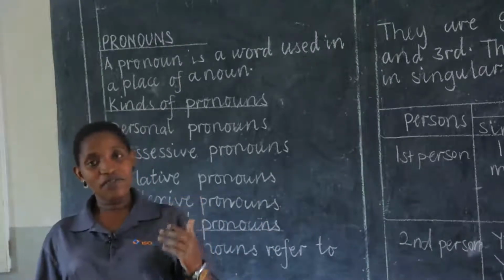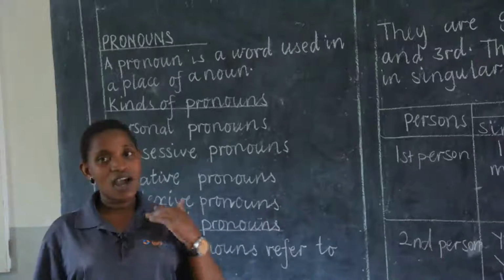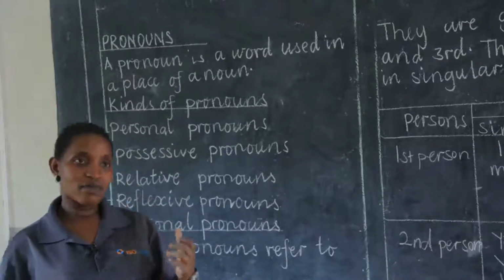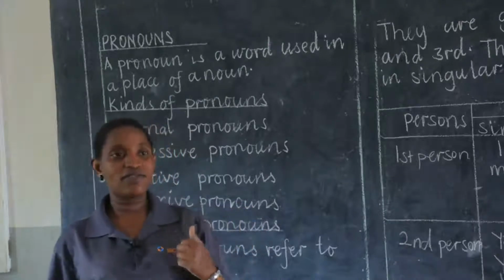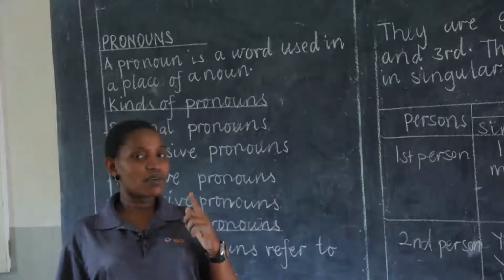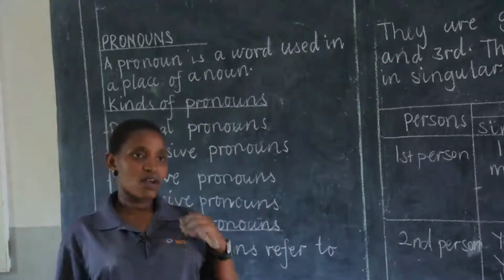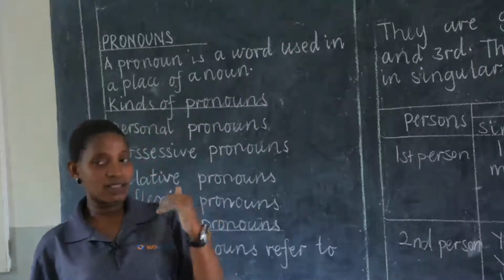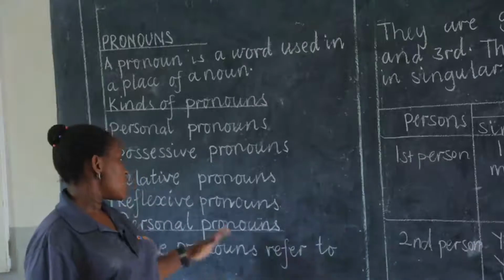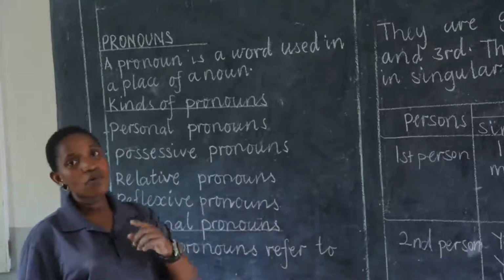Those are reflexive pronouns. Ourselves, themselves, yourselves. Now we have one other pronoun, that is oneself. Pronouns that end with self are called reflexive pronouns.